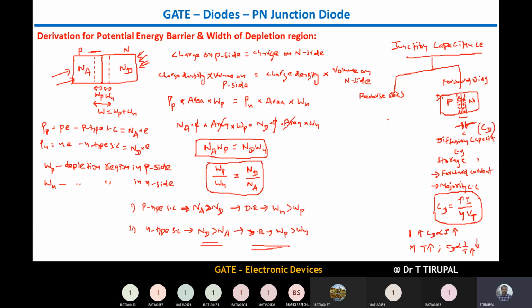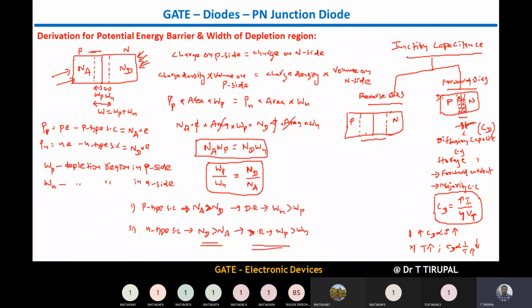This is about forward bias capacitance. Now come to reverse bias. In reverse bias, the depletion region widens. If this is a p-type semiconductor and this is an n-type semiconductor, as we apply reverse bias potential, the depletion region widens.